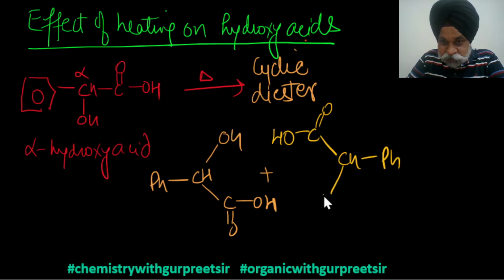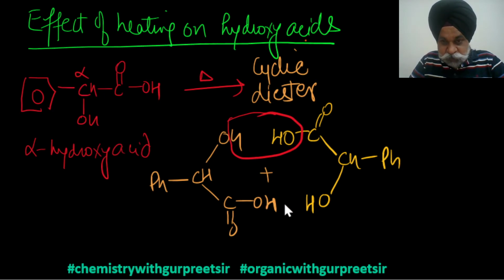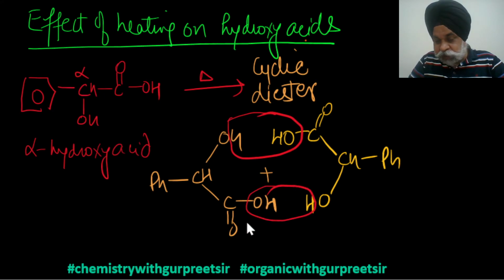So this is phenyl, this is OH. So what would happen? This water would go out like this. So this water goes out, and here also this water goes out, and you end up getting a cyclic diester of this type.